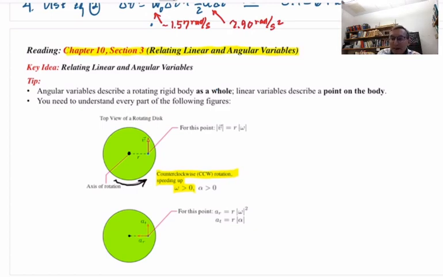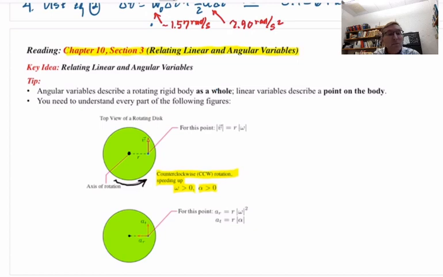Because it's speeding up in its rotation, the angular acceleration alpha must be of the same sign as the angular velocity omega. And since I already know the angular velocity is positive, I then, through the series of steps of reasoning, conclude that the angular acceleration is also positive. That's what's happening in the rotational motion. And those are the angular kinematic variables that are mostly important, omega and alpha, for the disk.